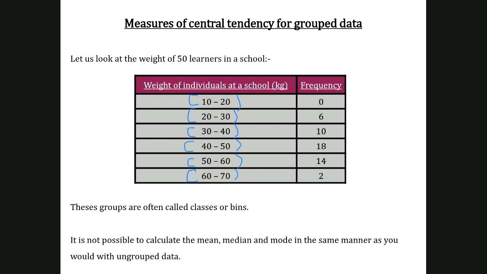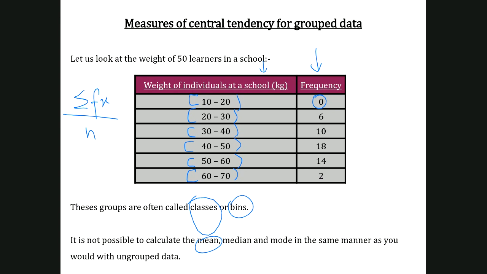Okay, so we have all of your intervals here, which are also called bins, or it's called a class. And then you have your frequencies in this column. And the first calculation we're looking at is the mean. So the mean, when it comes to your grouped data, is calculated as the sum of fx over n.